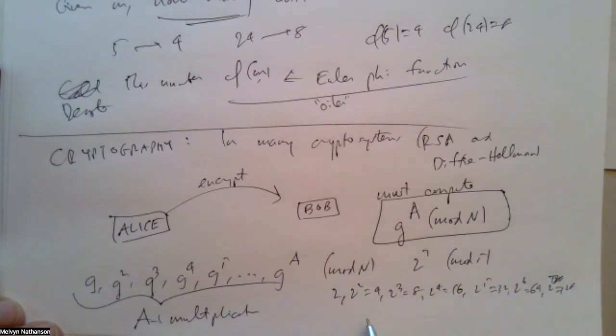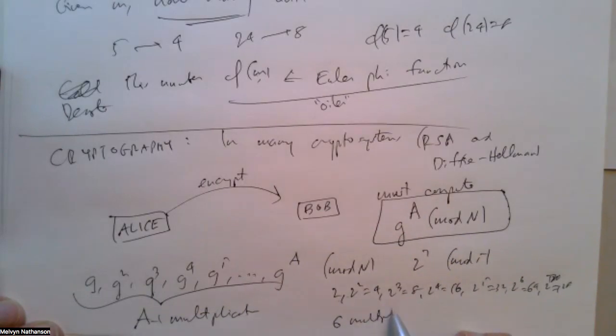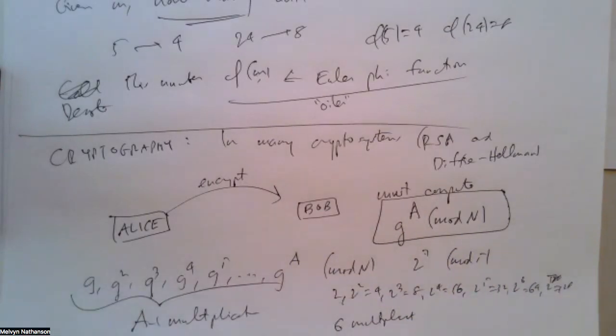So at each step, I multiplied by 2. So here was one multiplication to get from 2 to 4, another to get from 4 to 8. So there are 1, 2, 3, 4, 5, 6 multiplications to calculate 2 to the 7th.